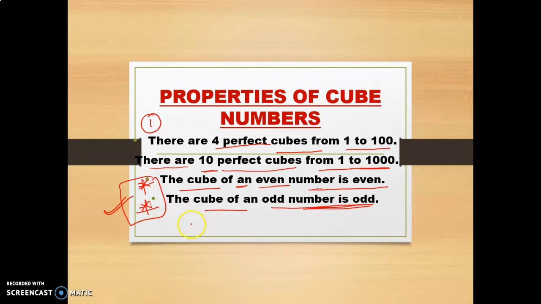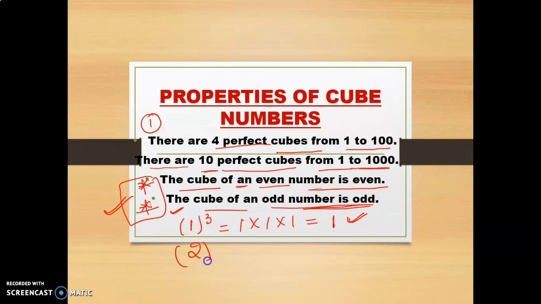For example, the cube of 1: what will come? Odd. Why? Because 1 is an odd number. So according to this property, the cube of an odd number is odd. Cube means the number is multiplied 3 times by itself. Since 1 is odd, the cube of an odd number will be odd.